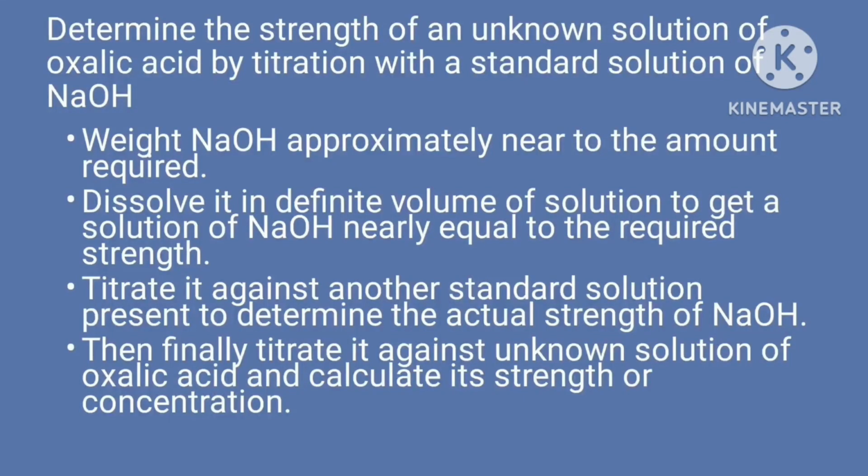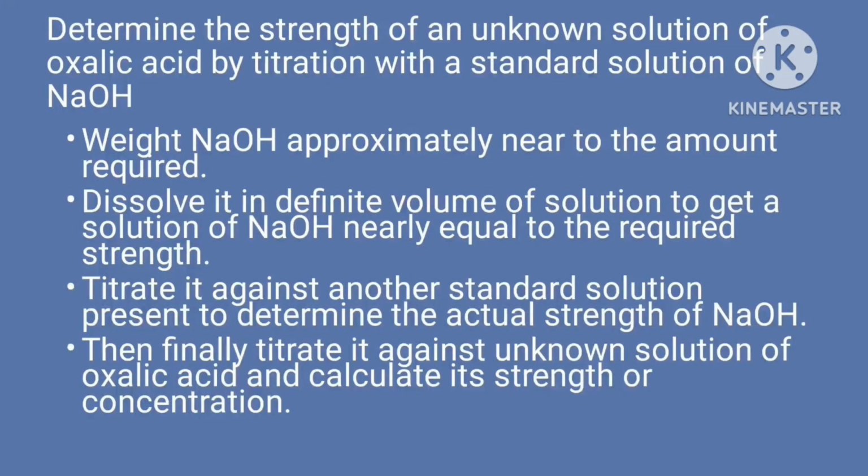First, we have to weigh sodium hydroxide approximately near to the amount required, then dissolve it in a definite volume of solution to get a solution of sodium hydroxide nearly equal to the required strength. Then we have to titrate it against another standard solution to determine the actual strength of sodium hydroxide.